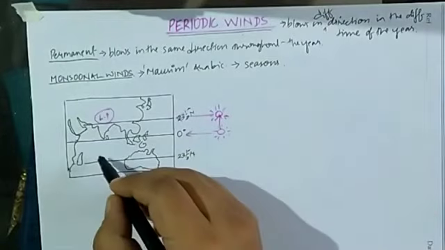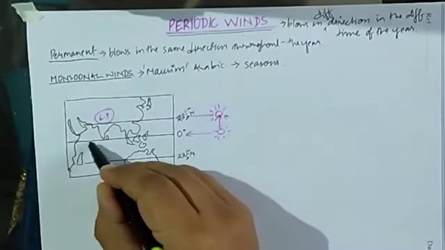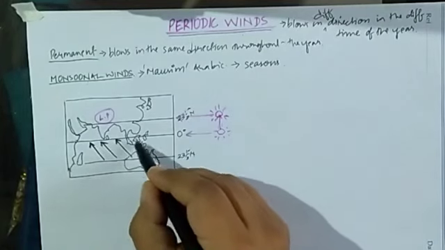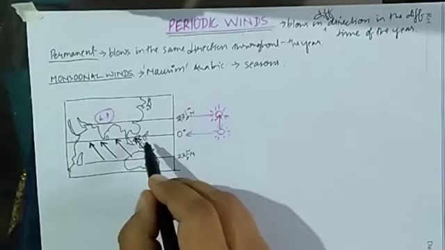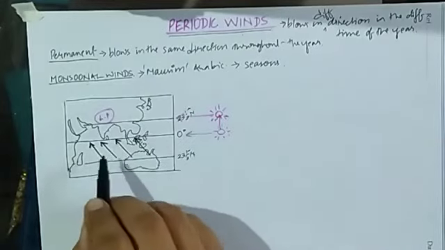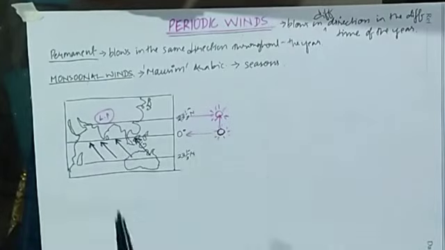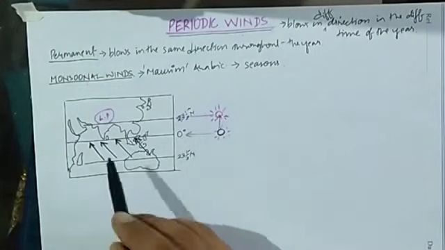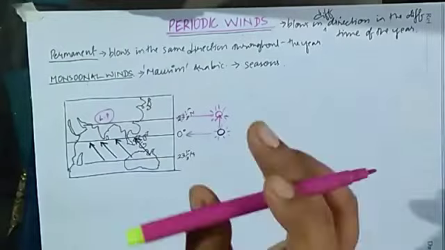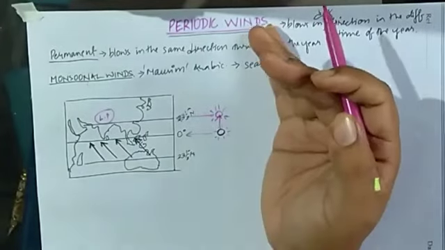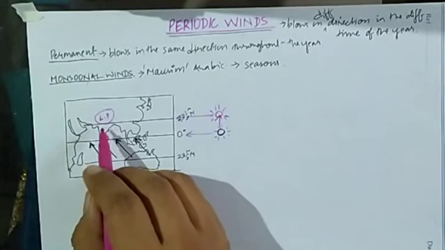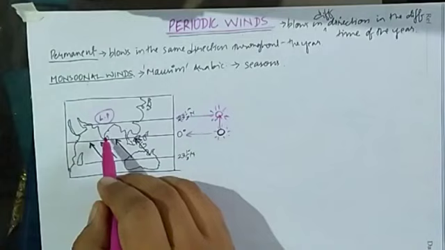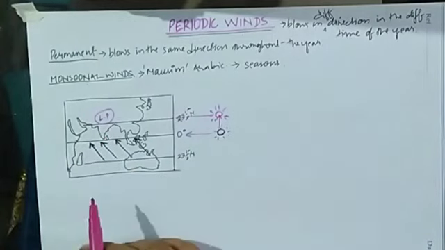What happened is, the southeast trade winds, which were blowing from Australia towards the equator when the sun was at the equator, now that the sun is at the Tropic of Cancer, will cross the equator, because they have to reach the low pressure area. When the southeast trade winds cross the equator, the Coriolis force affects them.